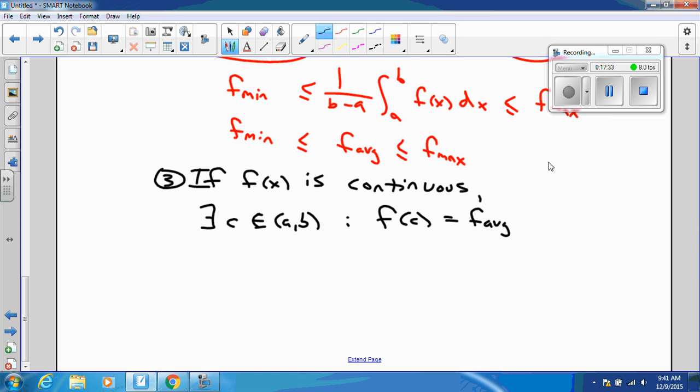Continuous functions hit their average values. This is sometimes called the average value theorem. It is usually explicitly expressed as f of c equals 1 over b minus a, integral from a to b of f of x dx. And the proof actually is really simple.